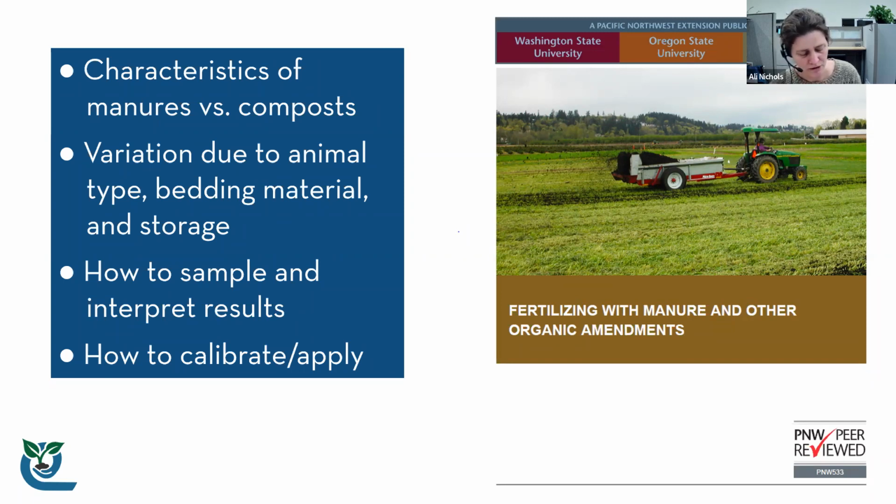It'll also walk you through how to take a manure or compost sample and interpret your lab results. And finally, it has a step-by-step guide on how to calibrate an application of manure or compost. Those are all tricky things, and this guide really does a great job of walking you through the details of how to do all of that.